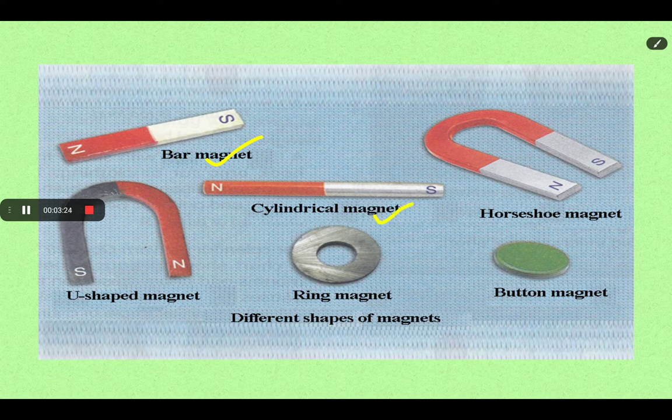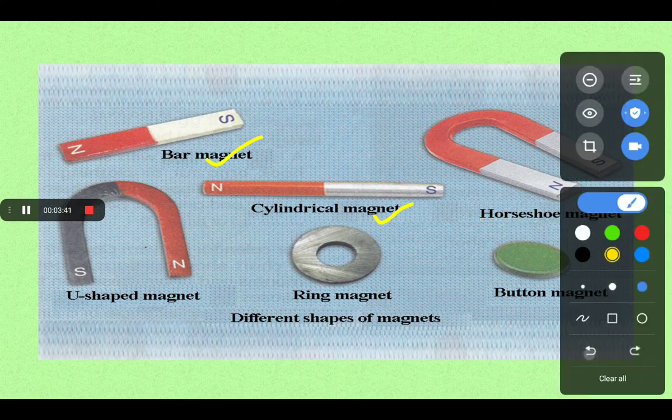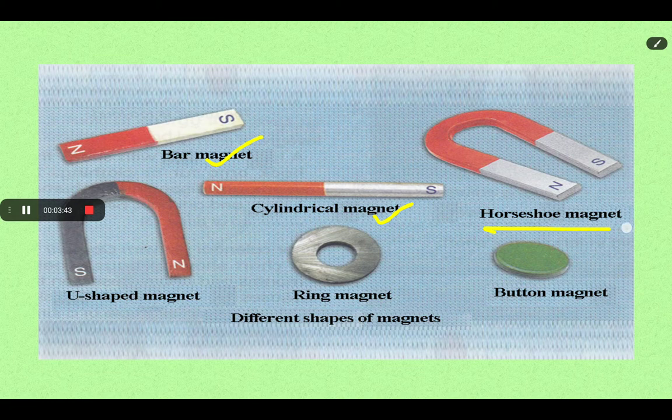Its shape is of a cylinder, that's why it is called cylindrical magnet. It also has two poles, north pole and south pole. Now, third is horseshoe magnet. Next is the U-shaped magnet, ring magnet or a button magnet.